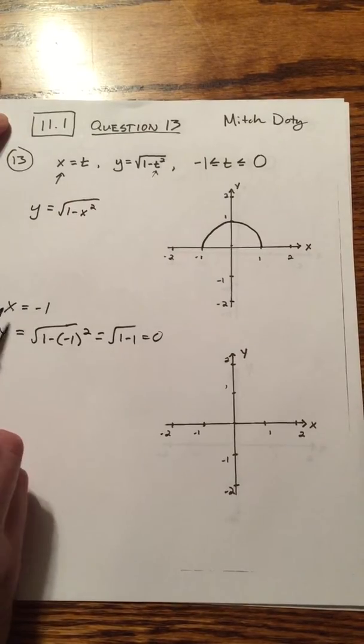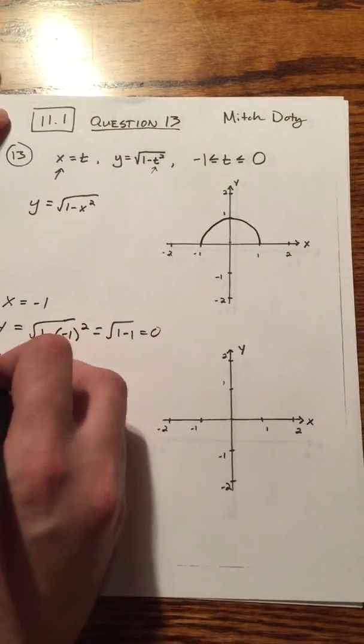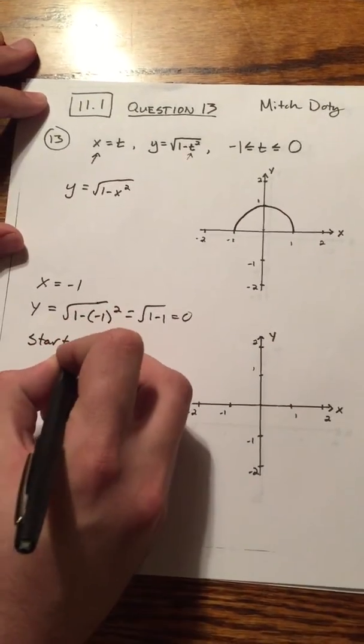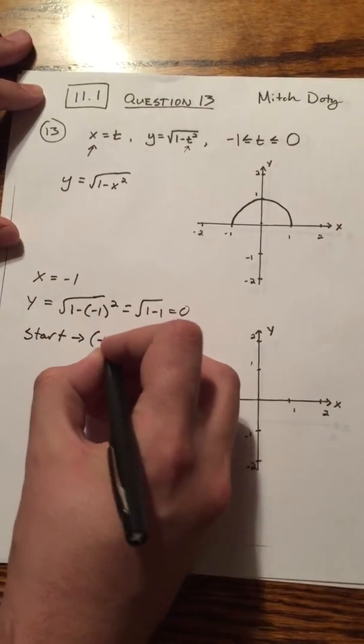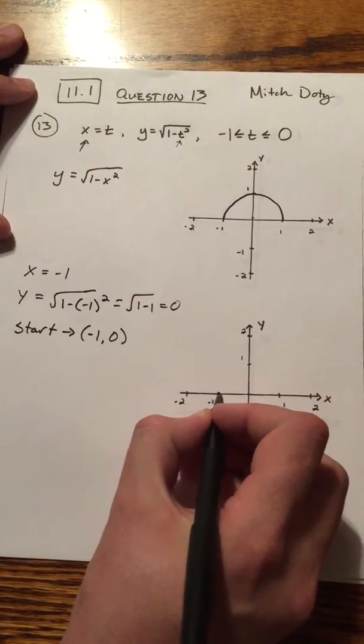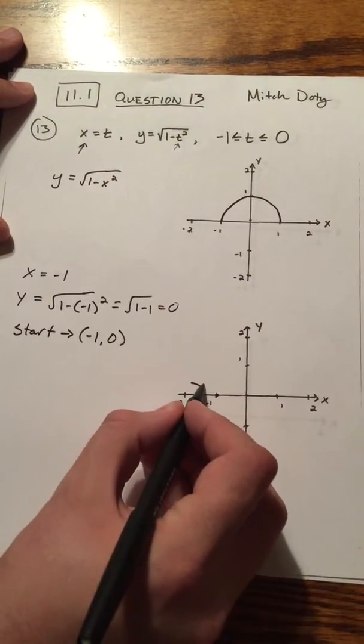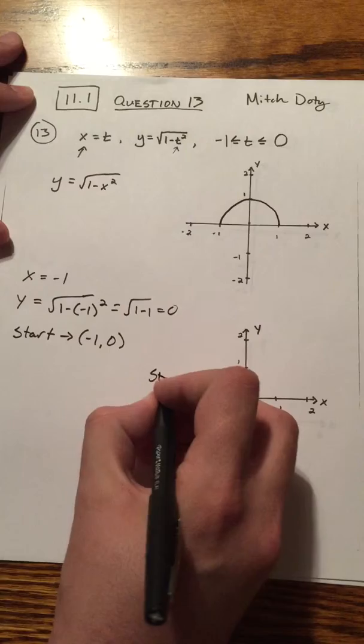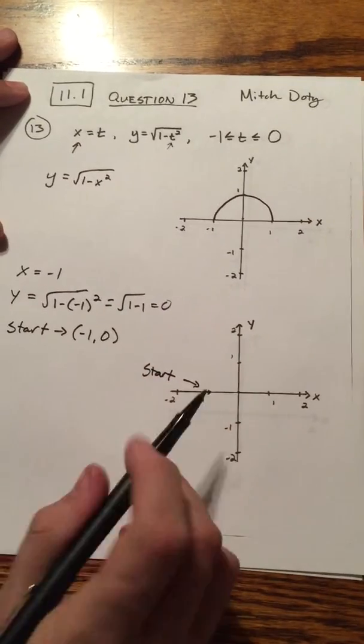So our starting point is (-1, 0), which is right here. That's where we're going to start, okay?